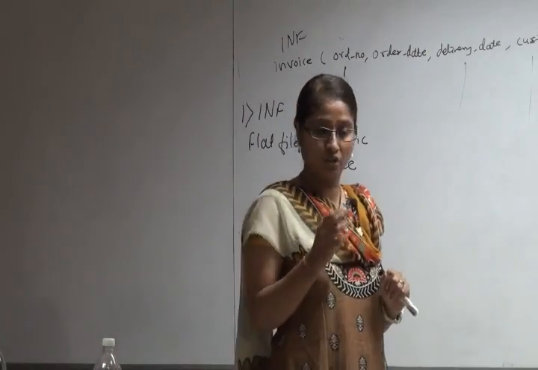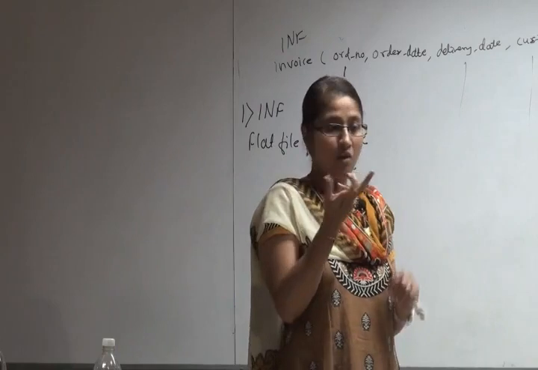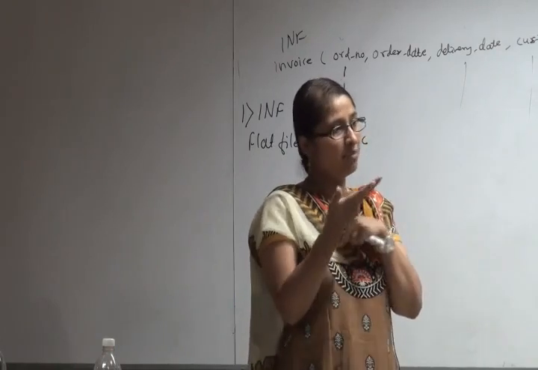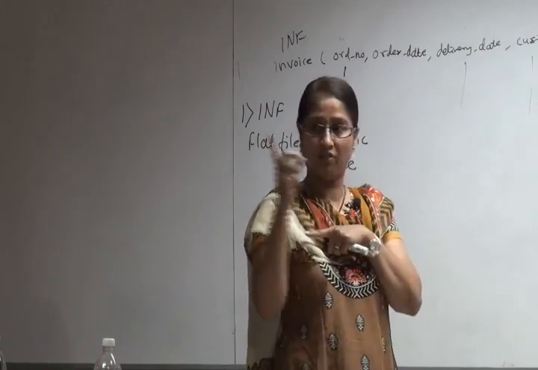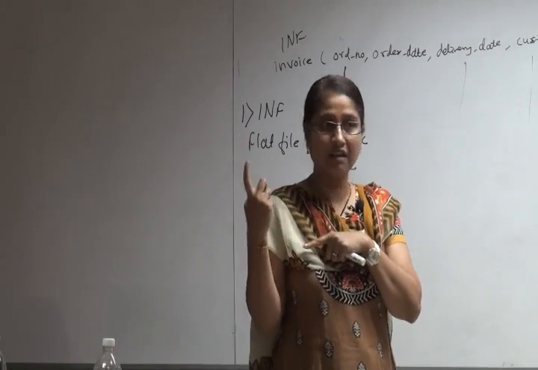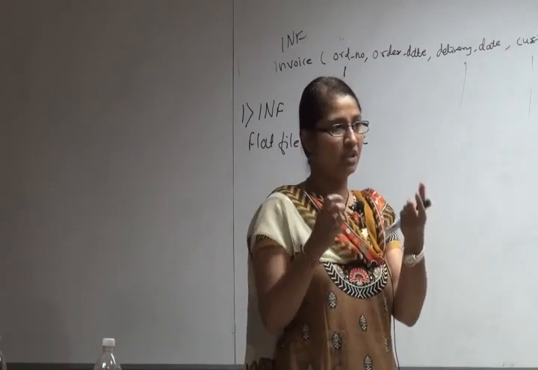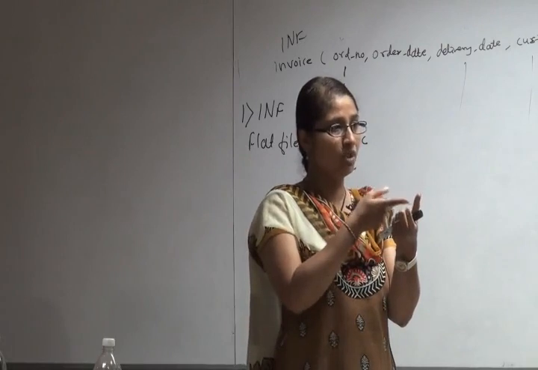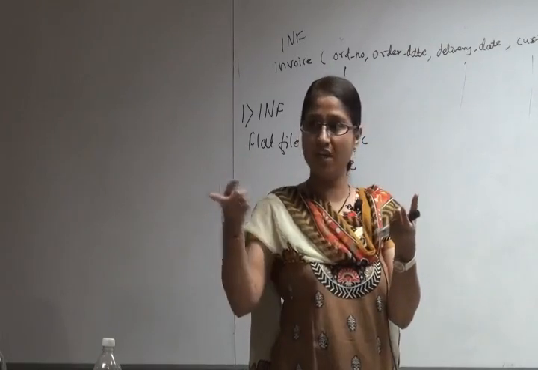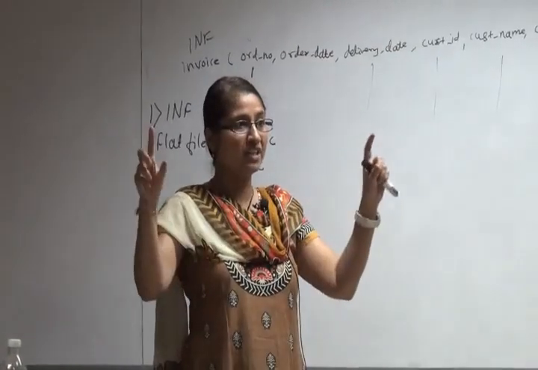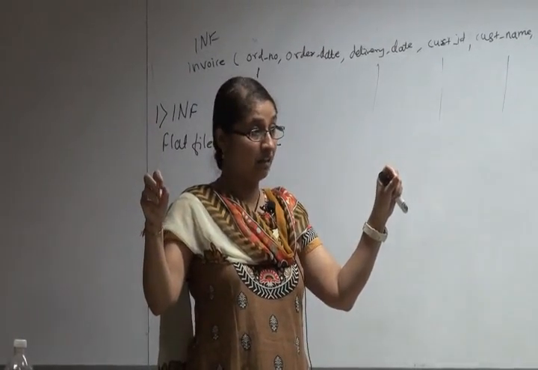Clear with it? That search criteria may have a single column, may have multiple columns. If it is giving us a single record, the search criteria can be based on a single column or multiple columns. That is what we call a key.